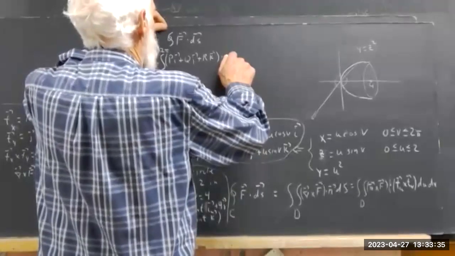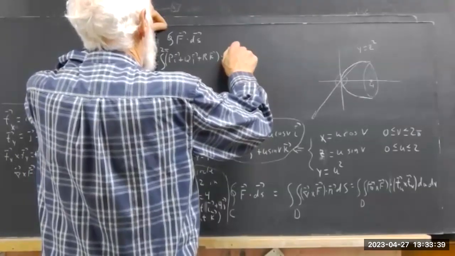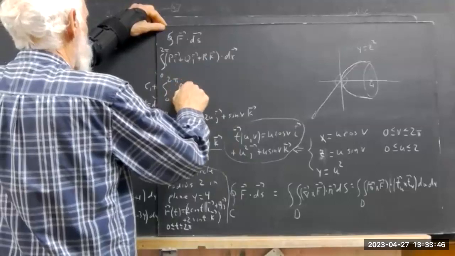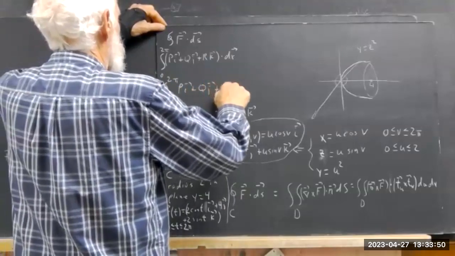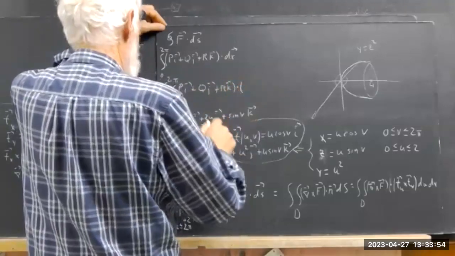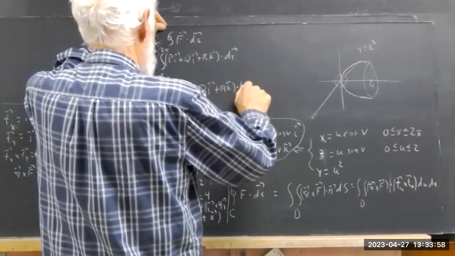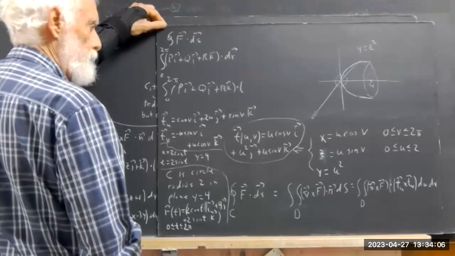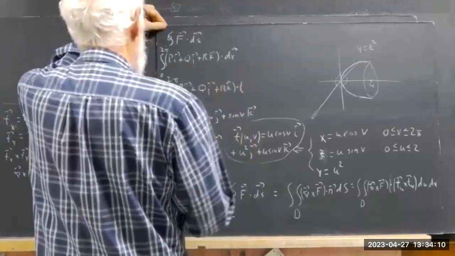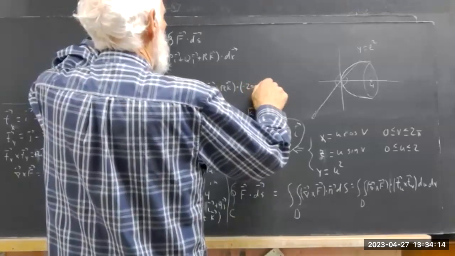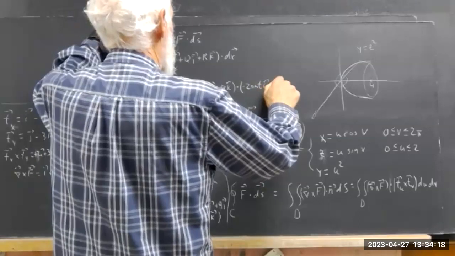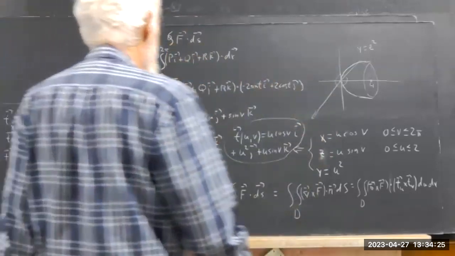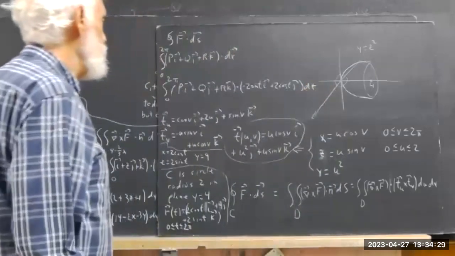So I'm going to do it as the integral from 0 to 2π of P i plus Q j dotted with negative 2 sine phi plus 2 cosine phi j dt.